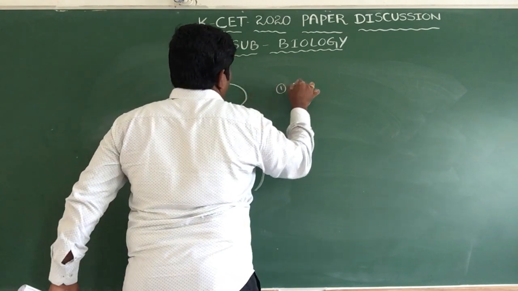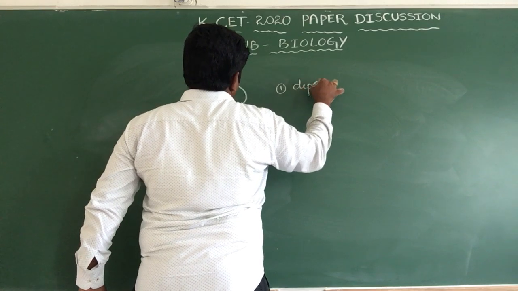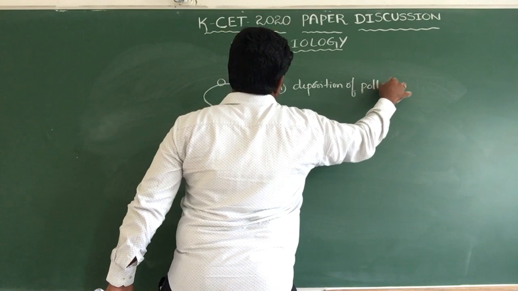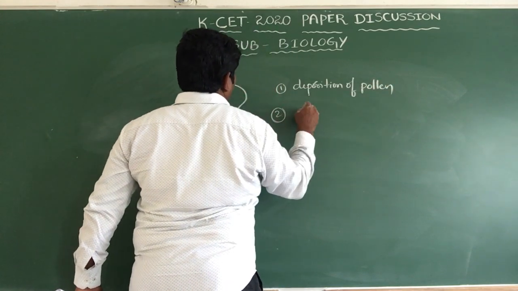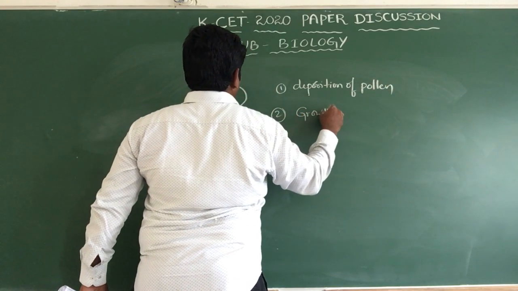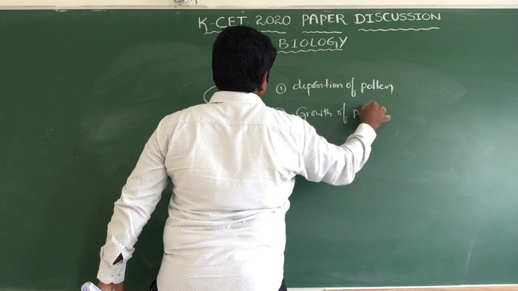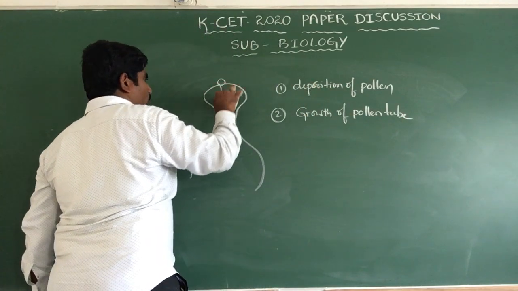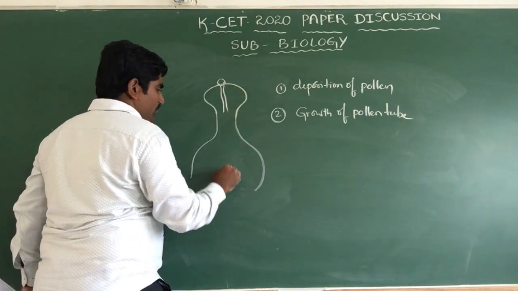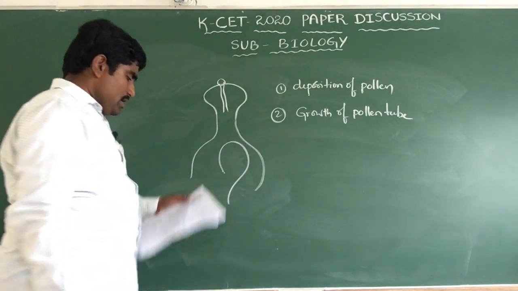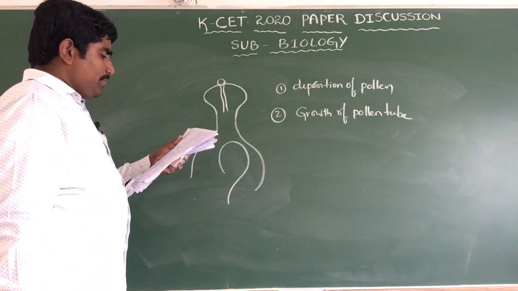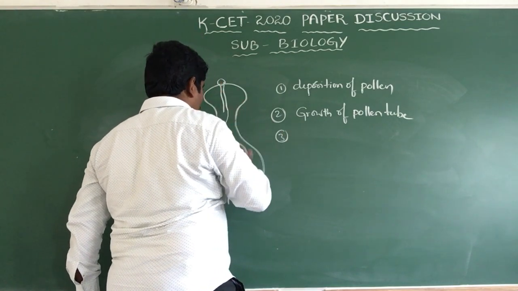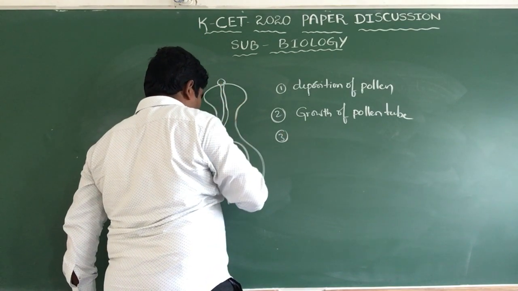First one, deposition of pollen grains on the stigma. Second one is growth of the pollen tube. After that the pollen tube will grow, and next the pollen tube enters the ovule. So the next step is entry of the pollen tube into the ovule, through the micropyle.